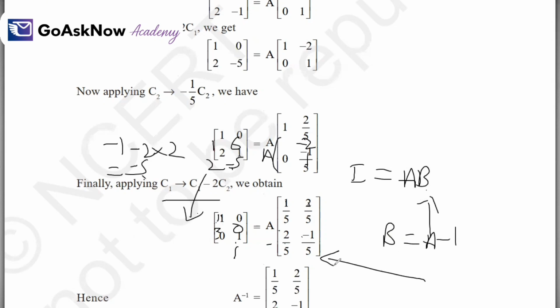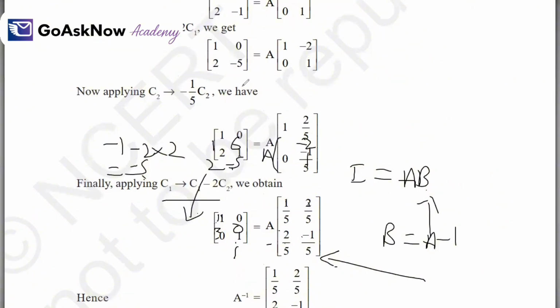So I is equal to AB. So here your B should be A inverse, which is coming equal to what you have done in the row operation. So both the answers are coming equal, and they should be equal because the answer is unique here.